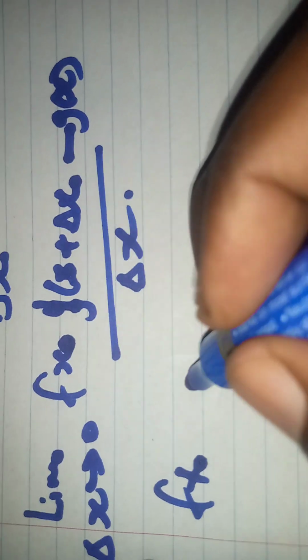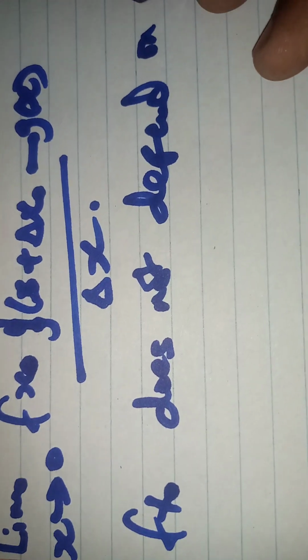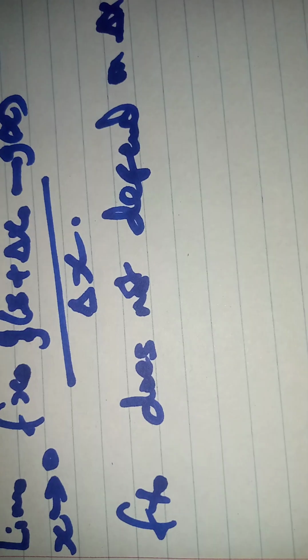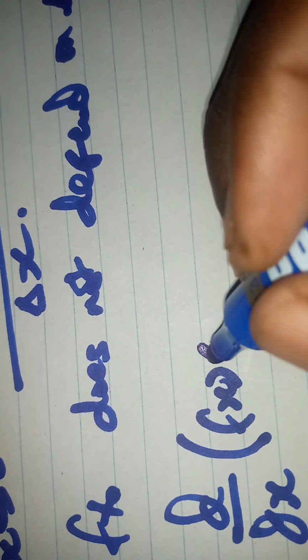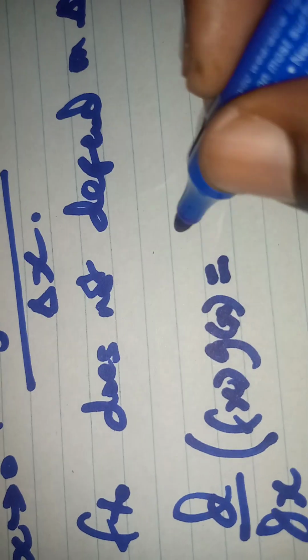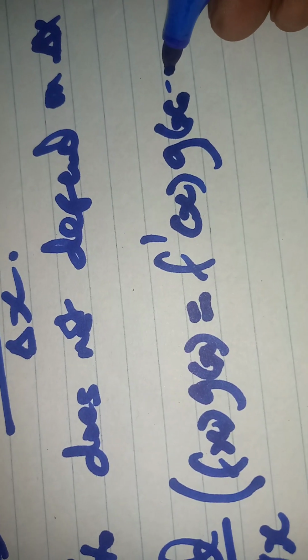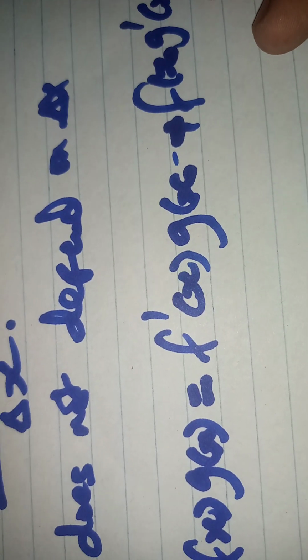I know from here that f of x does not depend on the small change in x. So if it doesn't depend on the small change, then my derivative of the two functions is the same as f prime of x, g of x, plus f of x, g prime of x.